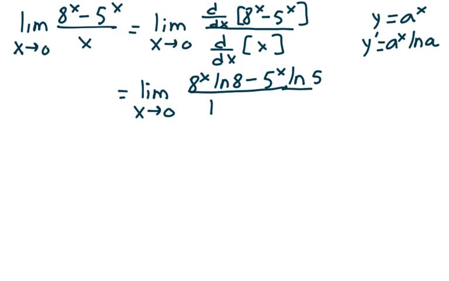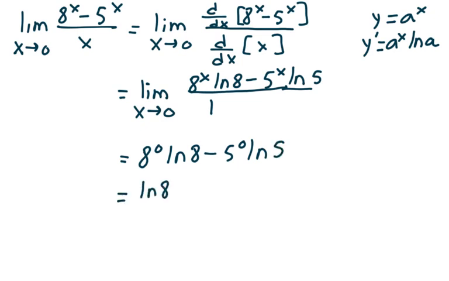Now I can stuff that 0 in. And so this is 8 to the 0, natural log of 8, minus 5 to the 0, natural log of 5. So this is ln of 8 minus ln of 5, which is natural log of 8 over 5.